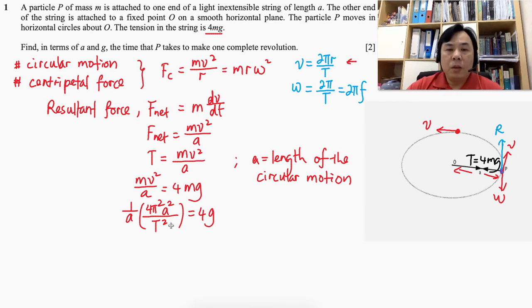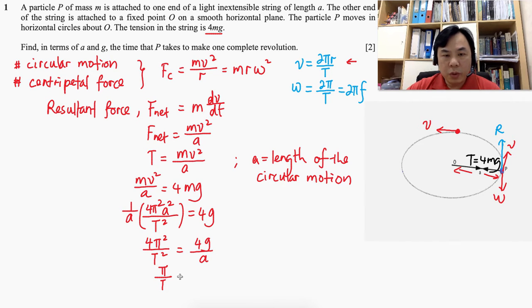Right. So from here, I can simplify that further. I will get 4 pi square over t square. Okay, the a can be simplified. Therefore, I will get 4g over a then in this case. Now from here, the 4 can be reduced, of course, and then therefore, in this case, I can actually write it down as pi over t.